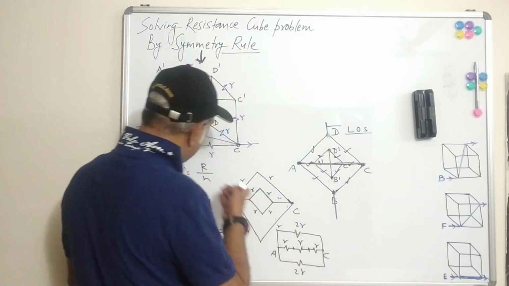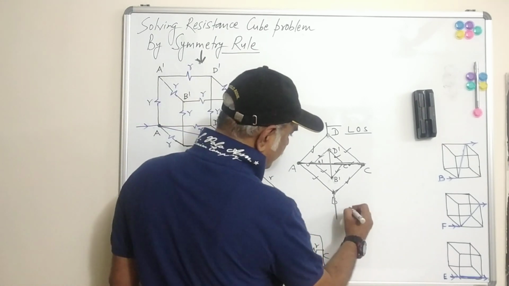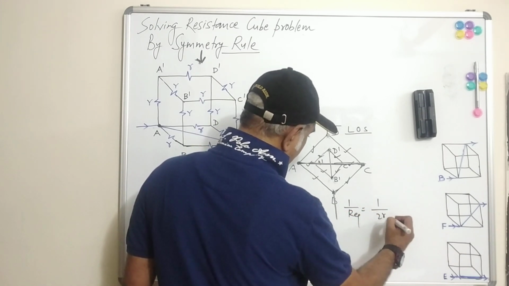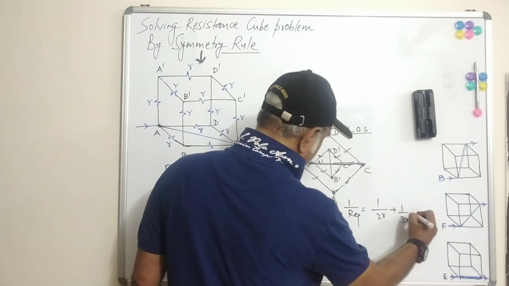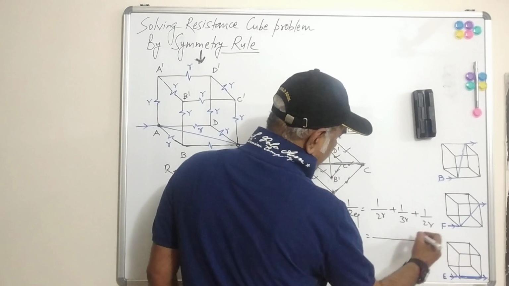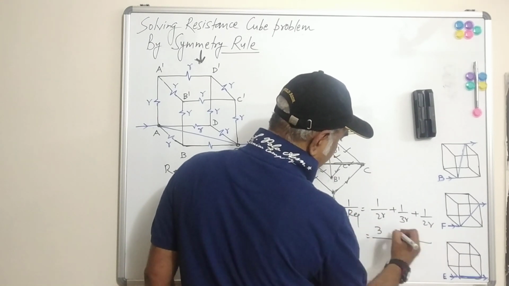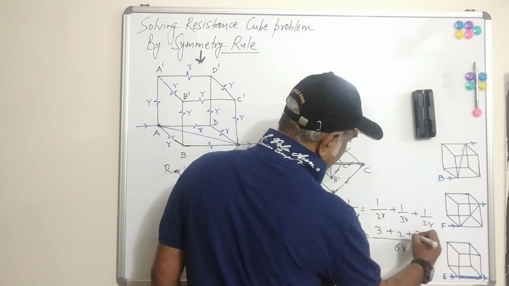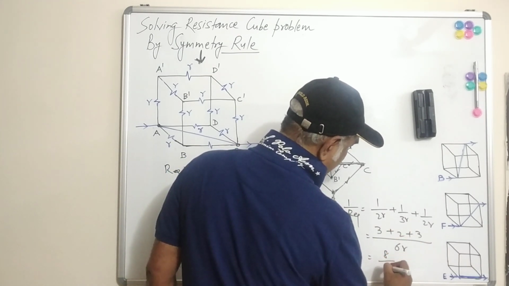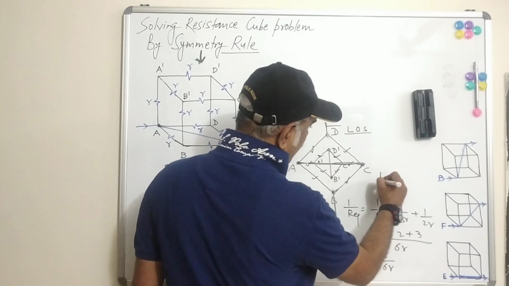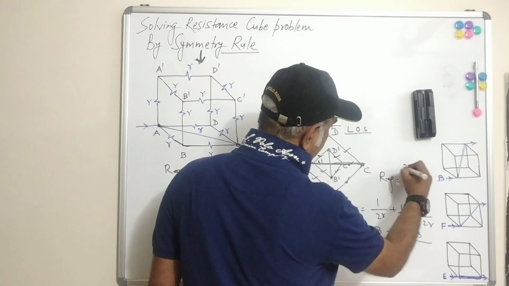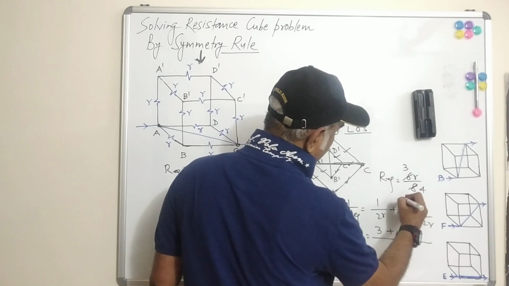These are not similar, so you cannot apply this formula. So 1 by R equivalent is equal to 1 by 2R plus 1 by 3R plus 1 by 2R. That gives you 6R in the denominator, so here you have 3 plus 2 plus 3. So 3, 3, 6, 6 plus 2, 8 by 6R. So R equivalent is 6R by 8. That is 2 3s are 6, 2 4s are 8.